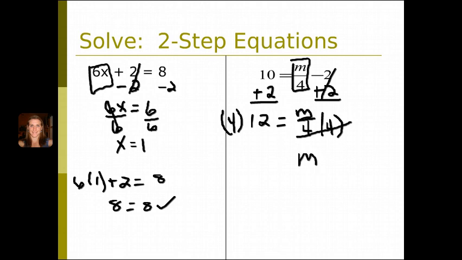And then we have 4 times 12, which gives us 48. Okay, again, remember, you need to write your variable first in your final answer. So this should be m equals 48.